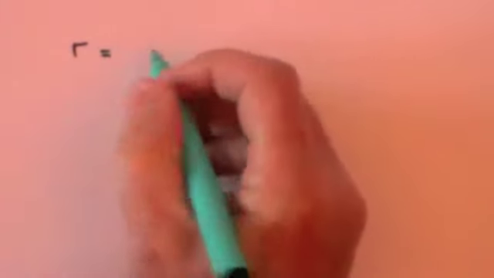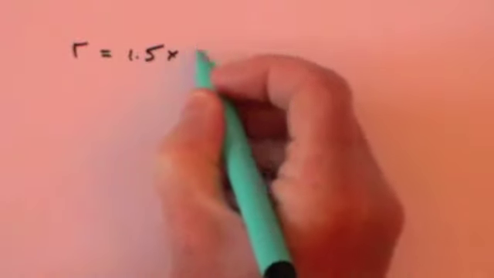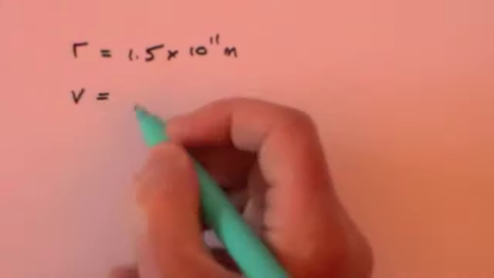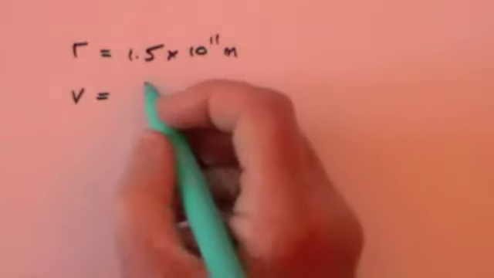Question 5. What then is the linear speed of the Earth? In other words, what is the speed that it goes round the circumference of the circle? And we are told that the radius of the Earth's orbit is equal to 1.5 times 10 to the 11 meters. Here we can simply use the formula which we had at the beginning, that the tangential velocity, the orbital velocity, is equal to the angular velocity times the radius.